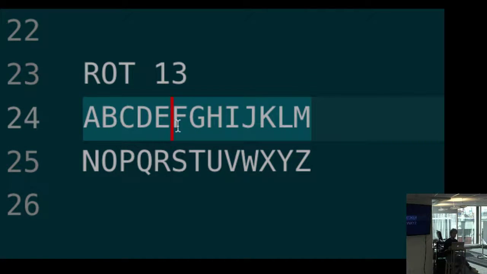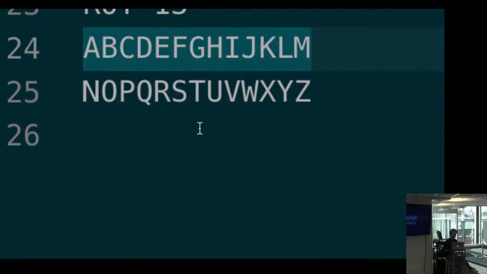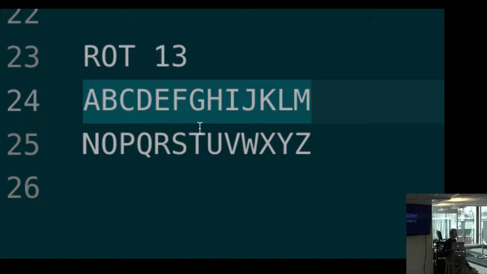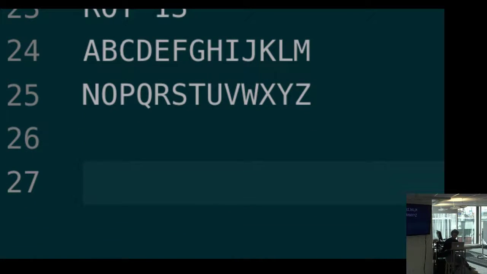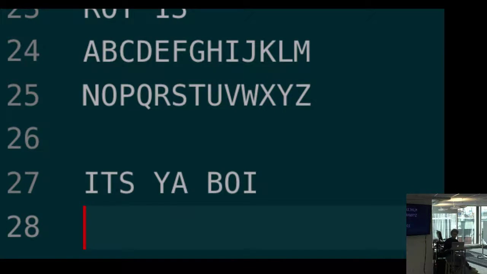What I've got all of a sudden is a way to write messages that seem like gibberish until somebody knows what the algorithm is. So here I might write, it's ya boy, using this cipher.